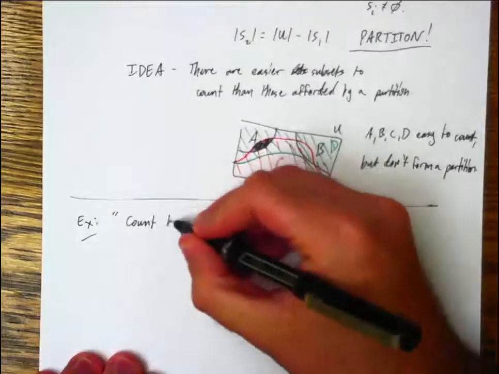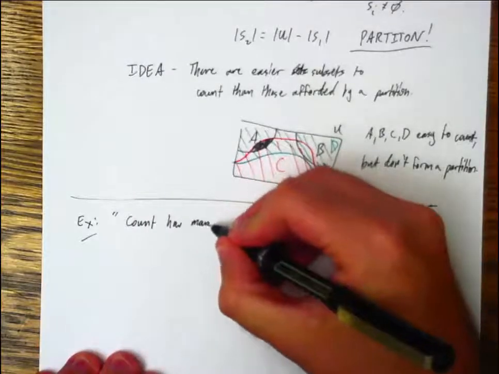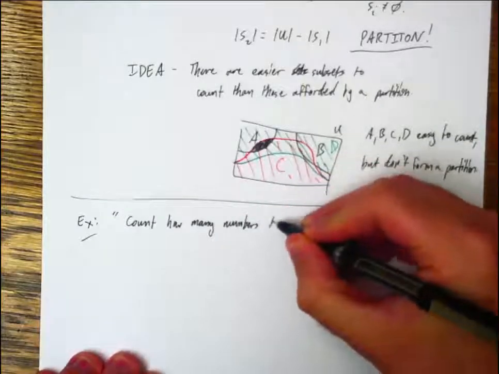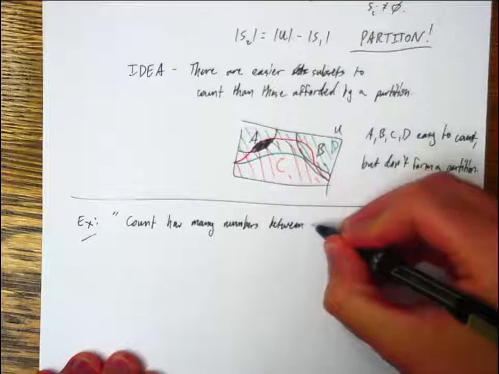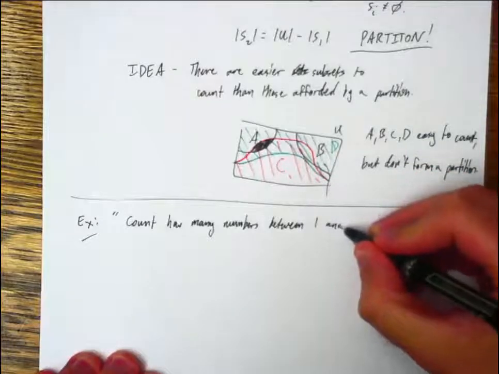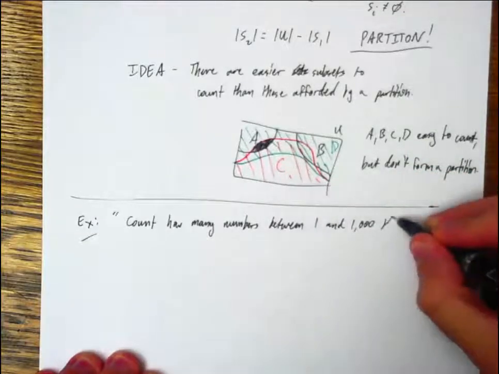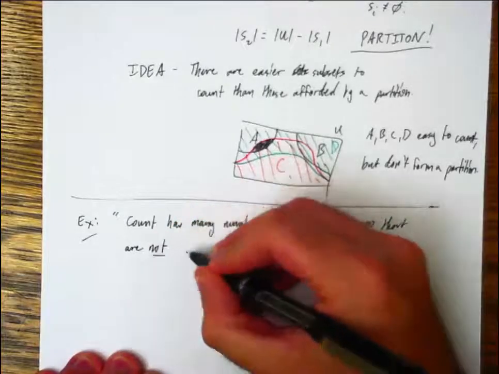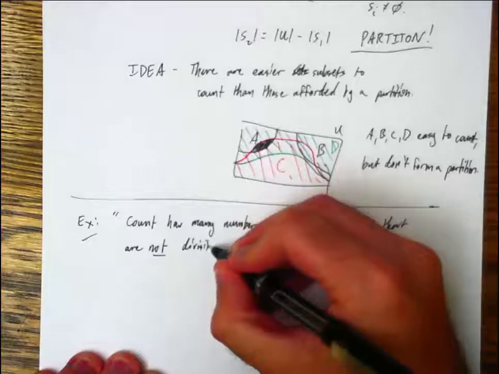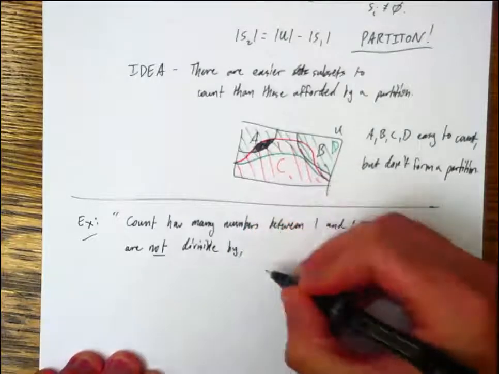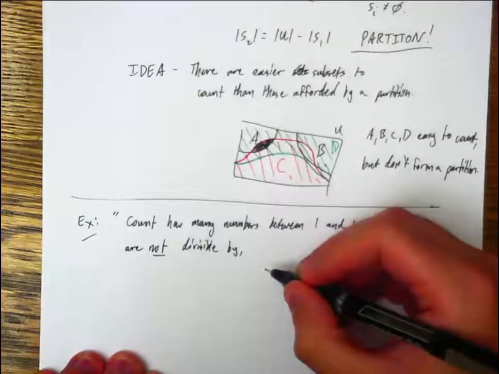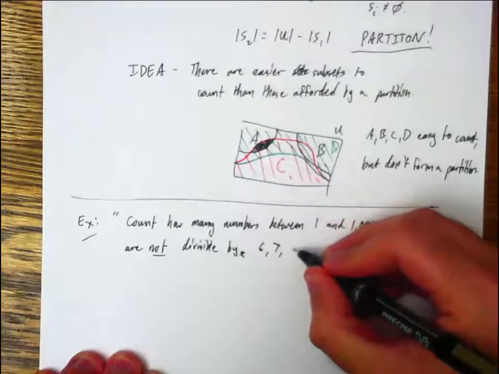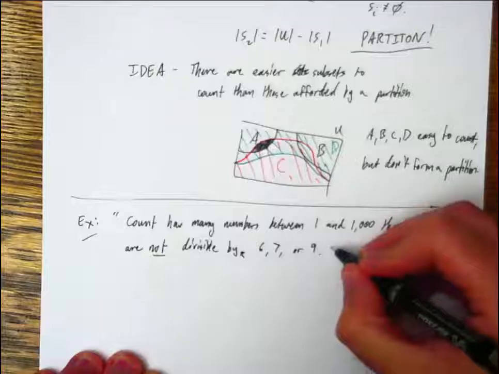We would like to count how many numbers between 1 and 1,000 are not divisible by 6, 7, or 9.